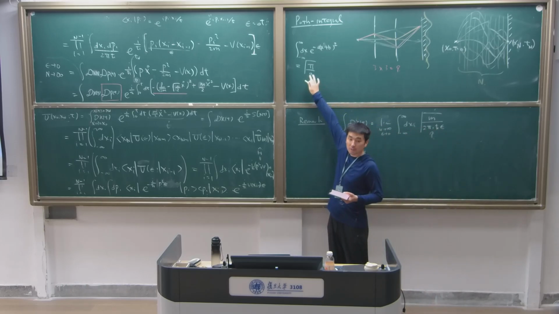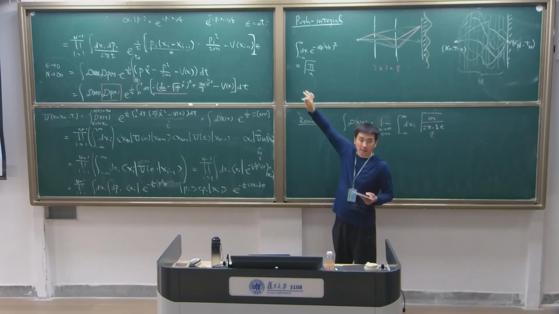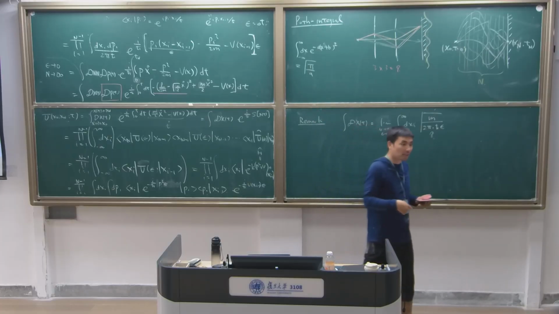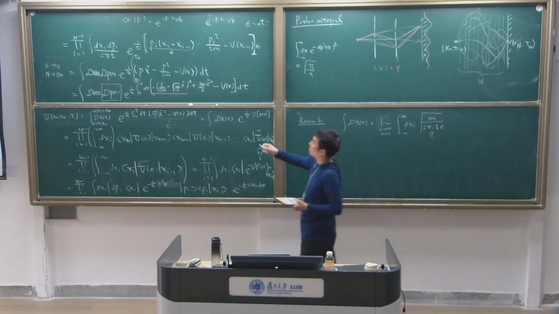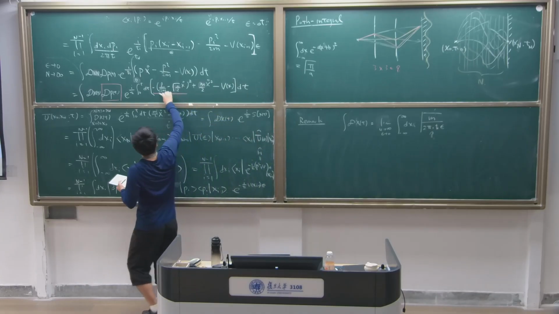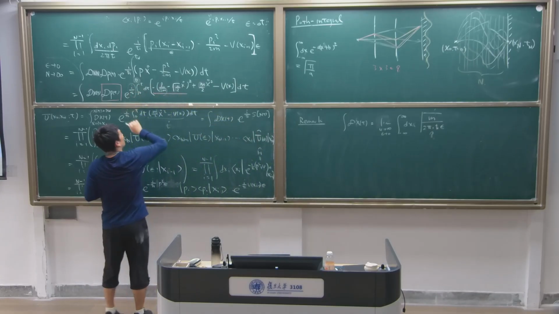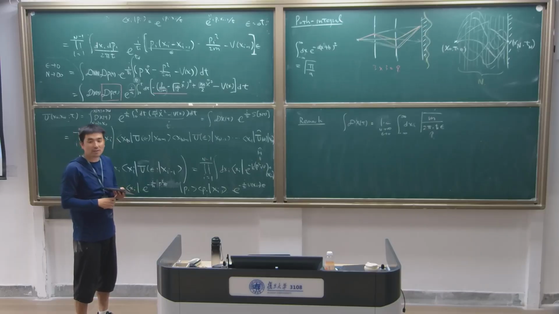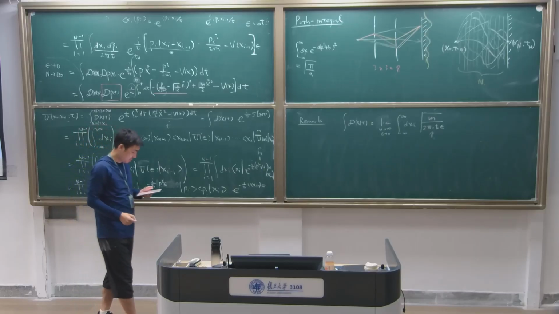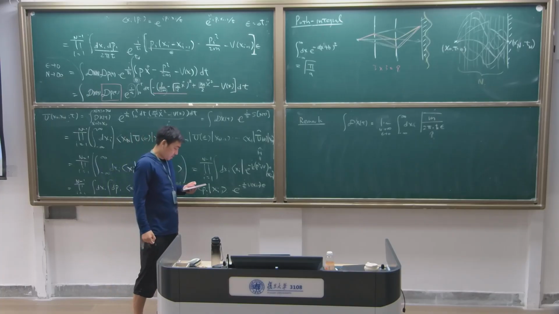So this corresponds to this solution, this square root pi over n. This part is coming from there, because you have some non-trivial factor here, right? You need to take into account this non-trivial factor. Okay, that's remark number one.